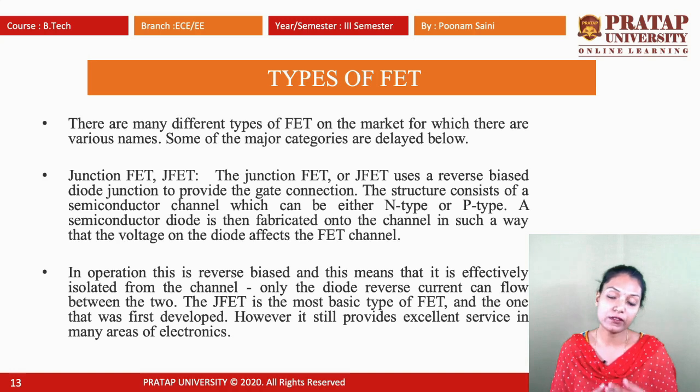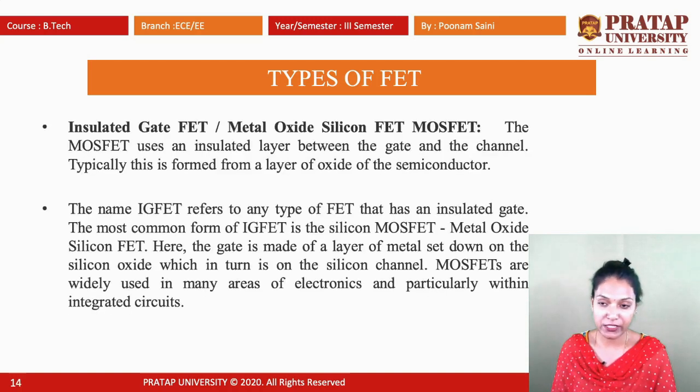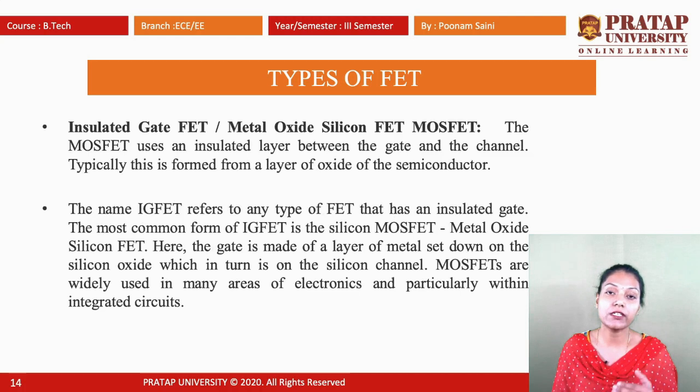On that basis we have two categories: JFET, the junction field effect transistor, and IGFET, the insulated gate field effect transistor, which we can also call the metal oxide semiconductor field effect transistor, metal oxide silicon field effect transistor, or MOSFET.